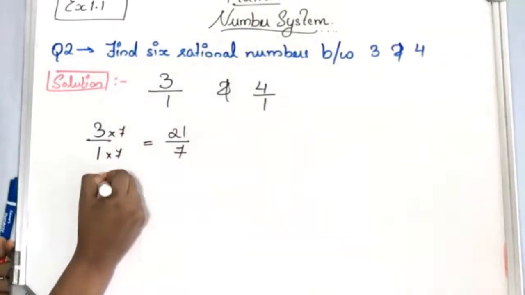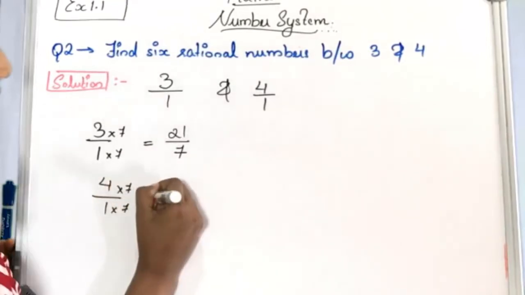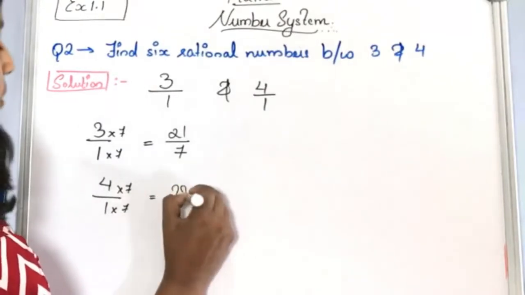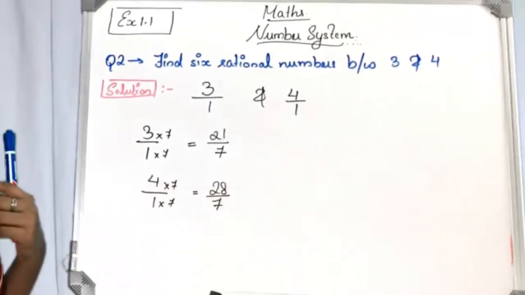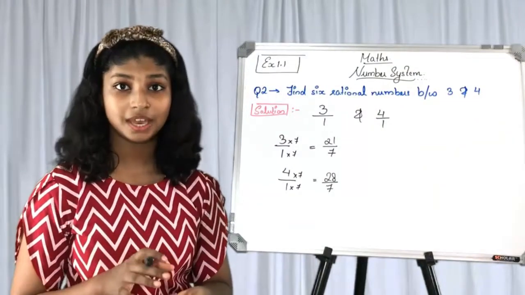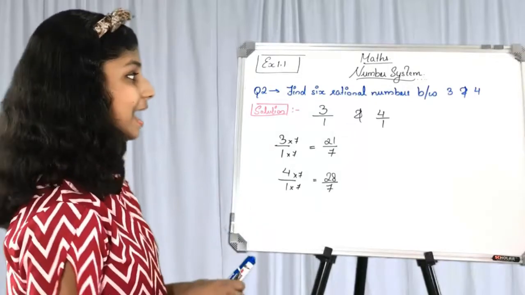Then 4 by 1, again the same method: we multiply numerator and denominator by 7, and we get 28 by 7. So this is how we find the rational numbers between 3 and 4.